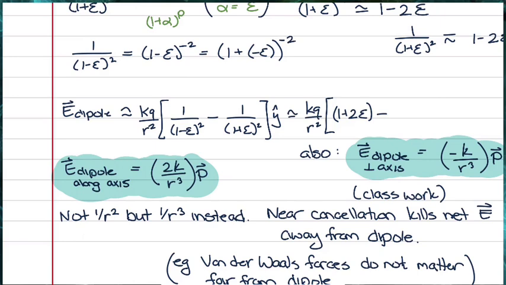Then this was minus, and then we said the other term is 1 minus 2 epsilon times y hat. Let me highlight things so that we don't get lost. So this expression here, we've approximated as this, and this expression here, not including the minus sign, we approximated above as that. And then the minus sign just goes along for the ride.